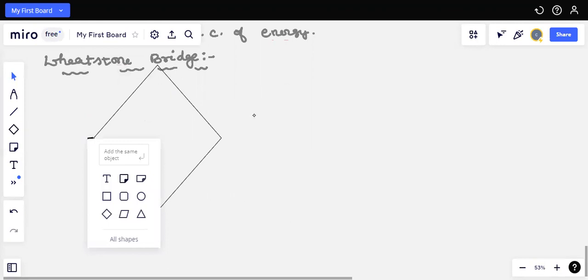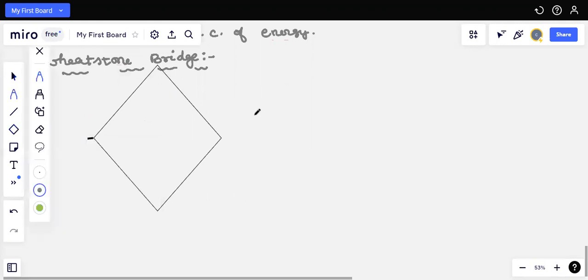Here what I am doing, connecting as usual a source here. This is one source of some EMF, E here.